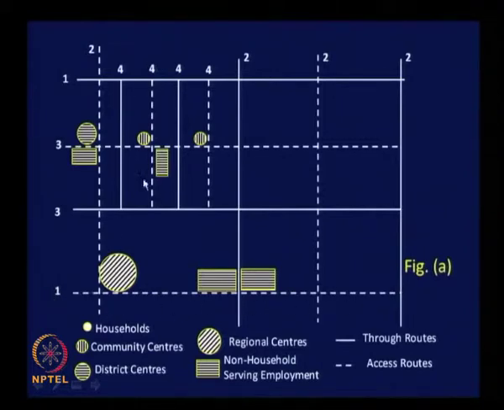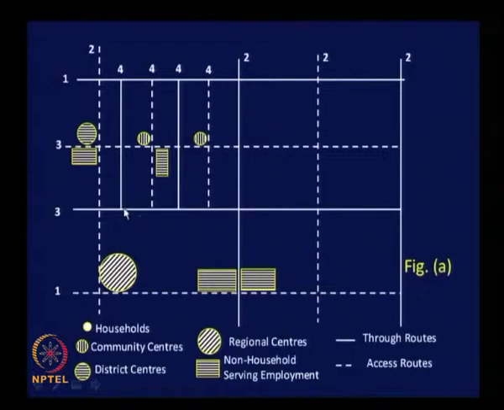So, this is type 1 through route with emphasis on speed. If one wants to go faster, take this route. Of course, the traffic volume will be heavy both here as well as here, whereas in this route you cannot move faster, but you can access all the roadside land uses. 2 categories in type 1 itself.